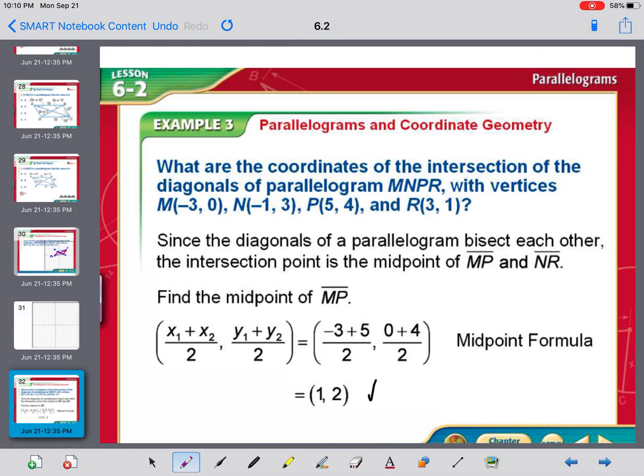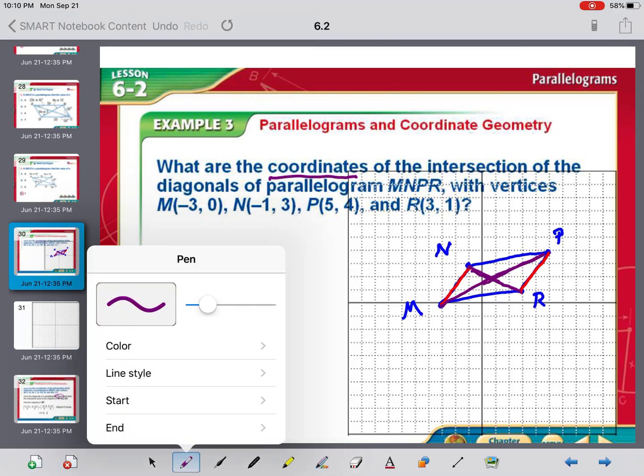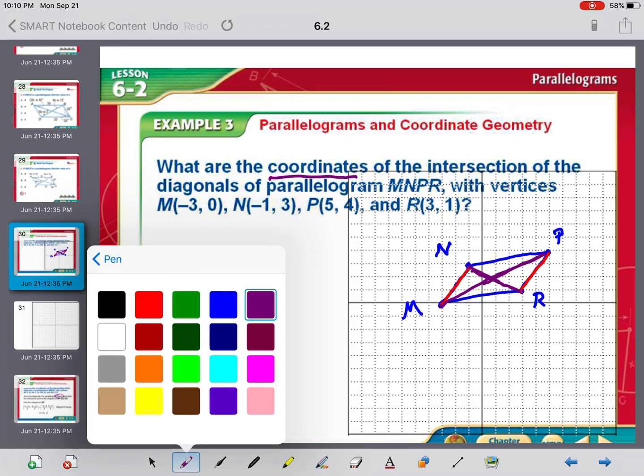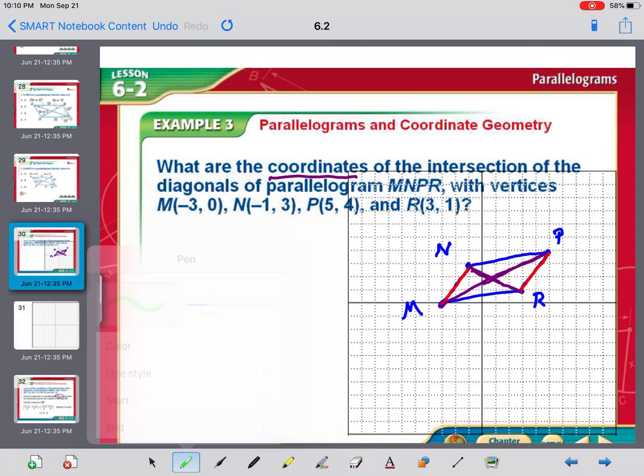Well, I could have drawn it on a bigger graph. But here's the key to all of this: they bisect each other, right? So let me go back to my picture and talk about the bisecting. What we want to know is the point of bisection.